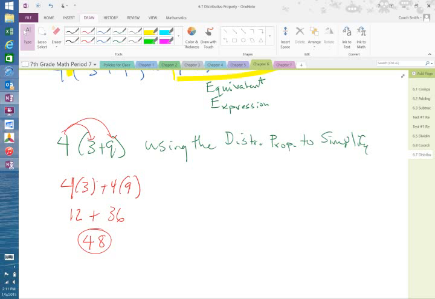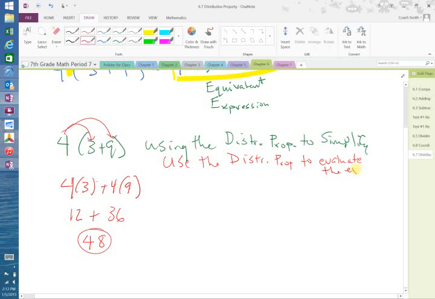Now, they may also say use the distributive property to evaluate the expression. That's another way that they'll put the directions, to give me an answer.